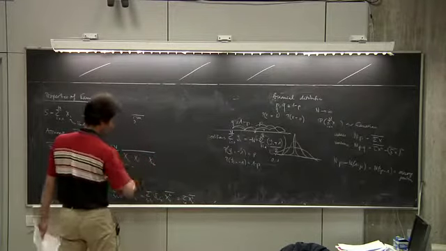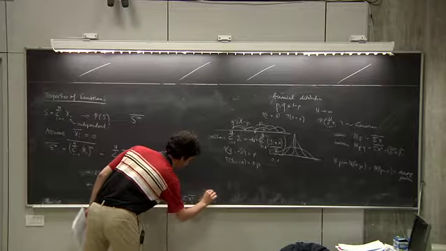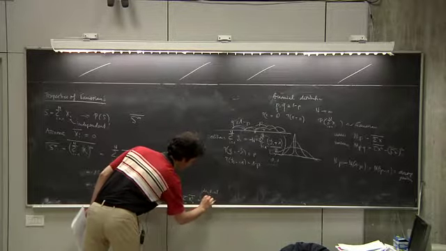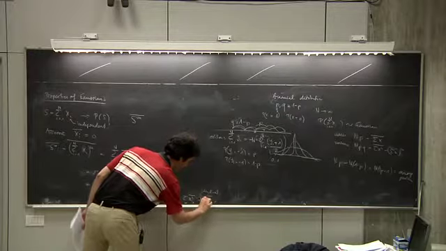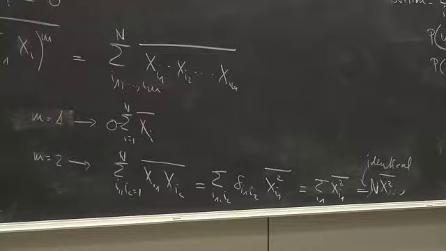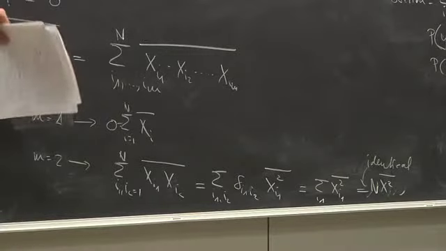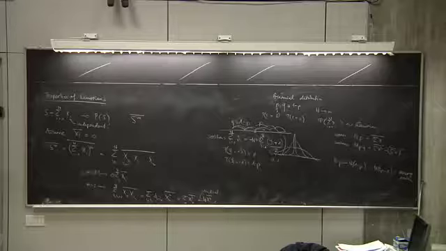And if they are identically distributed, then I get x squared average times n. So these are the first two moments, and that's essentially the same thing as we did before, just in the simpler case where the expectation value is already 0.